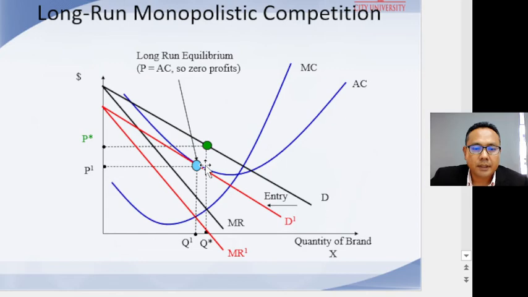So when you see the new entry effect from D to D1, the demand for your own product will be reduced, and then the effect on the quantity, maybe from here, so zero profit, so price equals average cost, and then you can earn zero profit.